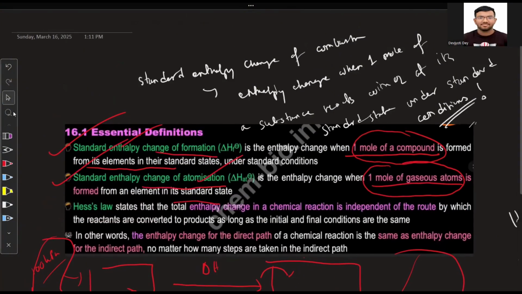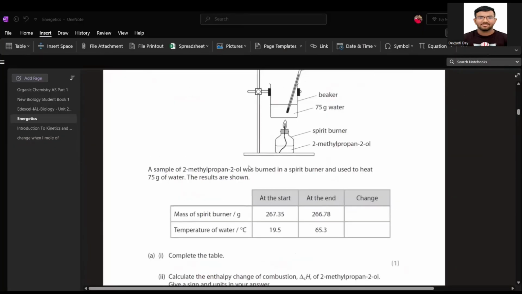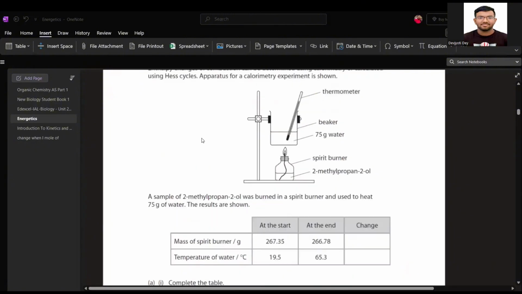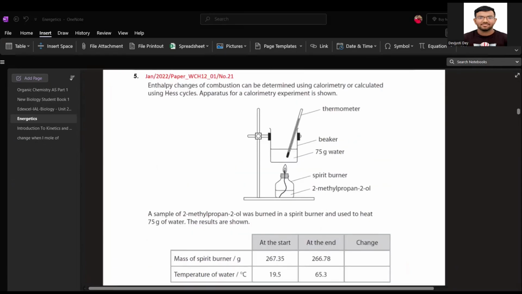If you just do a problem, then it'll be much easier. Okay, so let's start from the first. It will be easier for us, and we also need to know the enthalpy change of combustion.